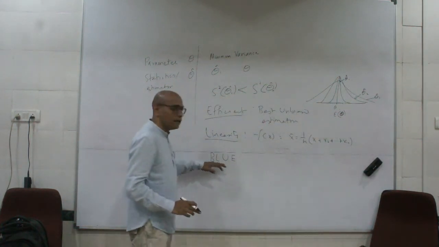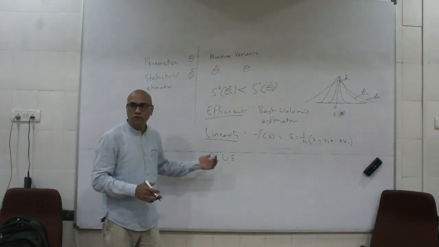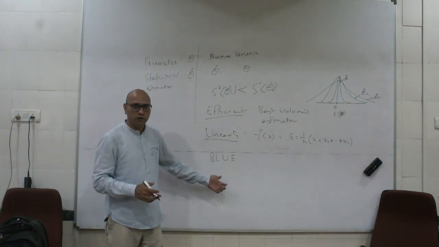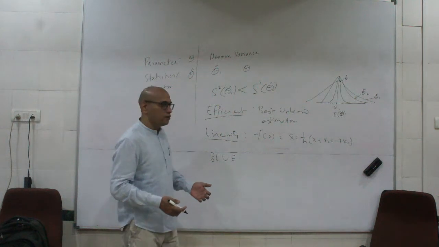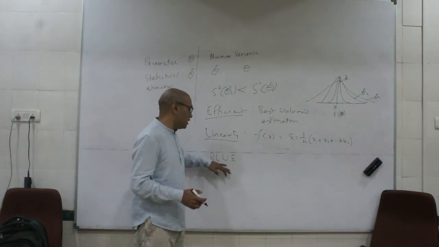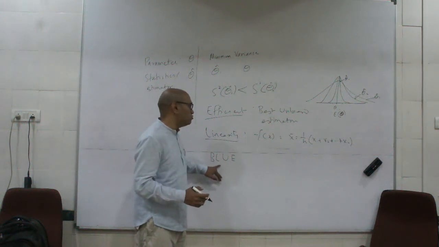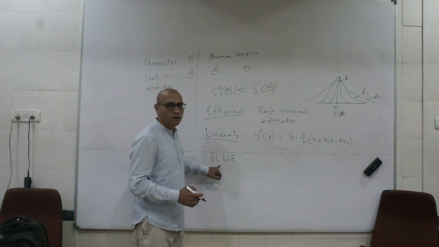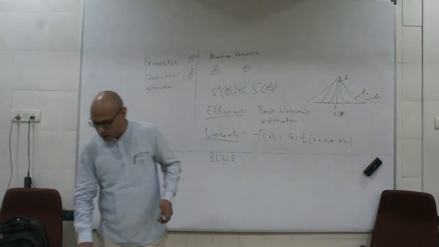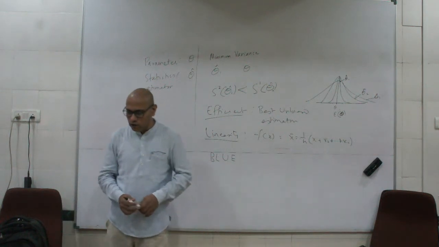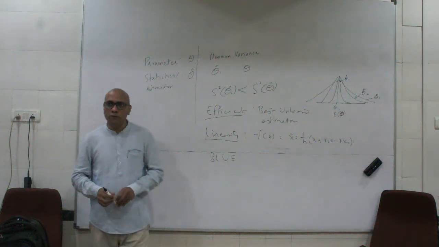An estimator that is called BLUE is a best linear unbiased estimator. Now, what is a best linear unbiased estimator? Best linear unbiased estimators are those estimators that are unbiased, that have minimum variance, and that also have the property of linearity. So if an estimator has all the properties that we have discussed so far, then we would call it a best linear unbiased estimator or a BLUE estimator.